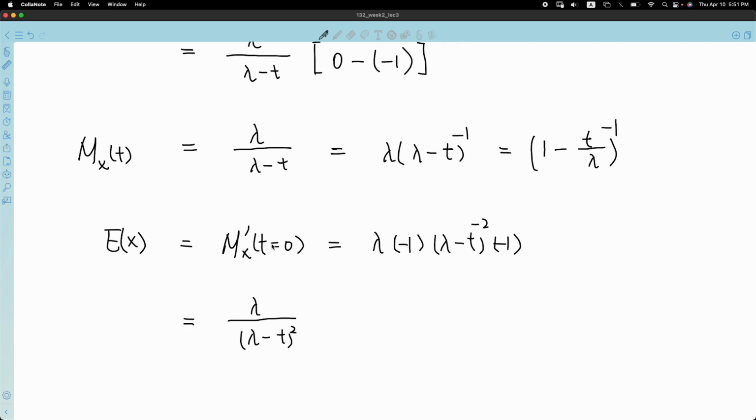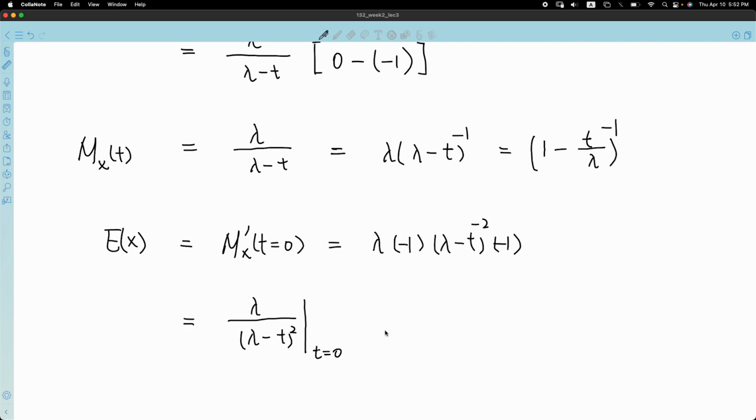Okay, so when we evaluate the first order, when we want to calculate the expectation, what should we do next? There's one thing. When we take the derivative, what else should we do here? Yeah, set t equal to 0. Okay, so don't forget, after you take the derivative, don't forget to set t equal to 0.